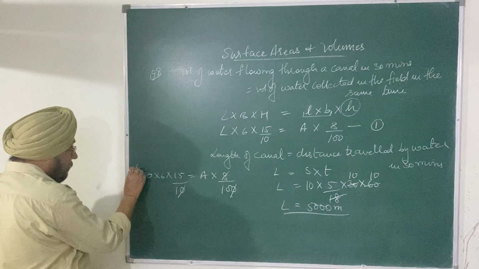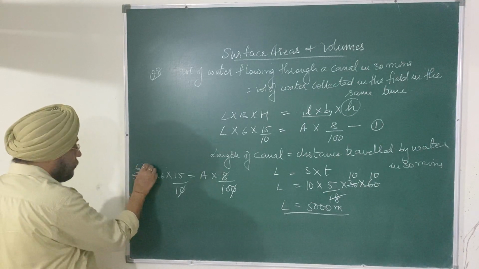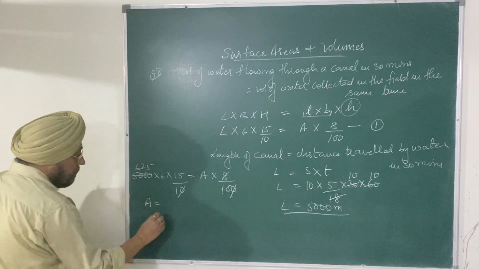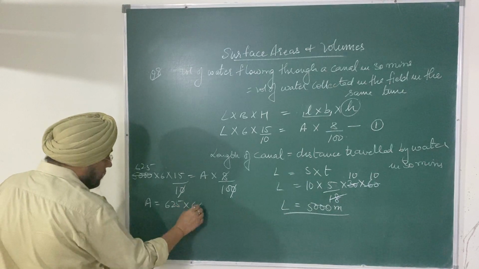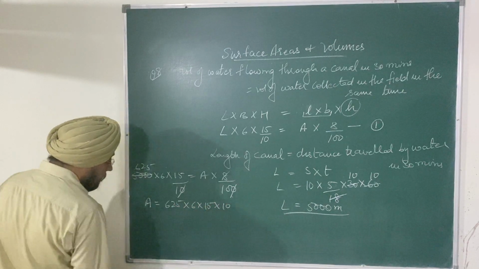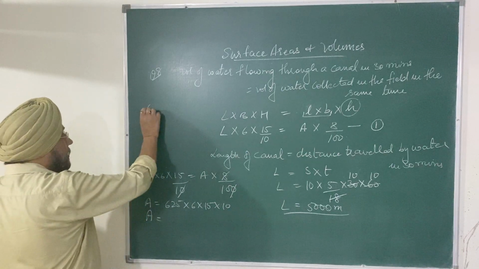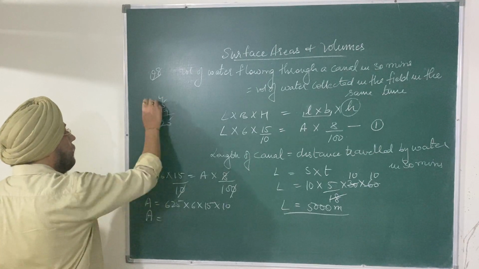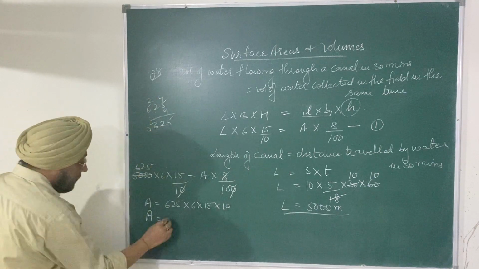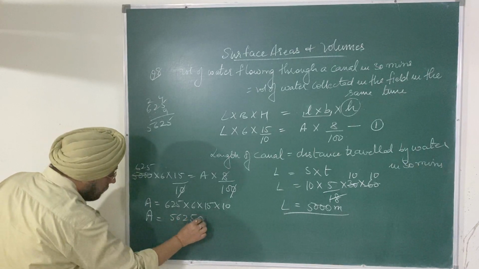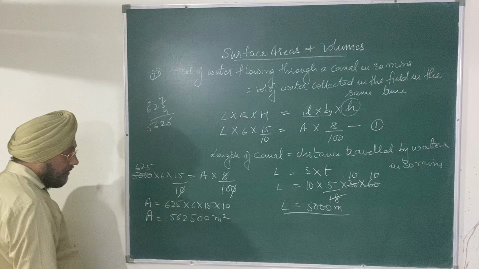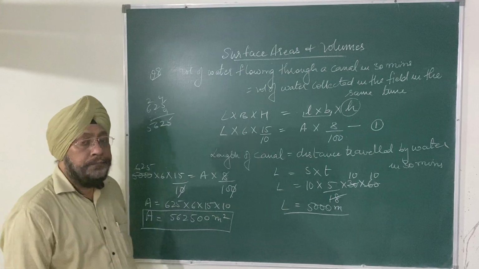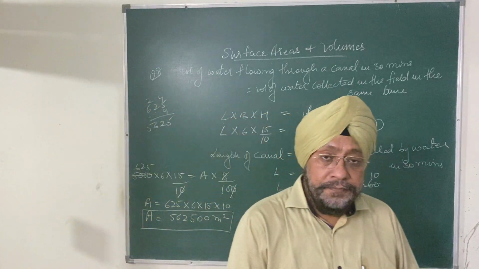And 10 should get multiplied here, so that the area becomes 625 multiplied by 6 multiplied by 15 multiplied by 10, that is equal to 625 multiplied by 9, and so on. So we get 562500 meter square. That is the area of the field, and that is the answer to question number 8.